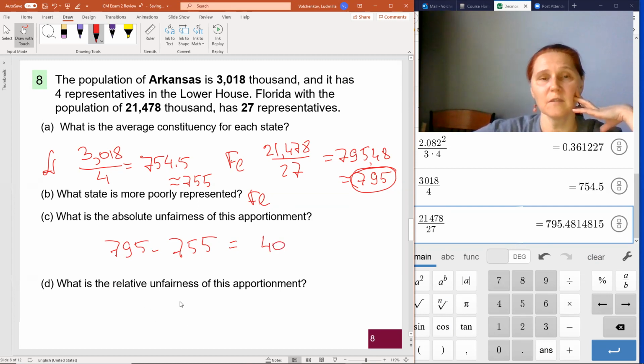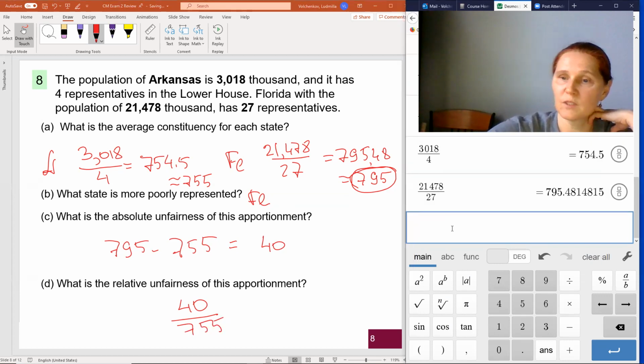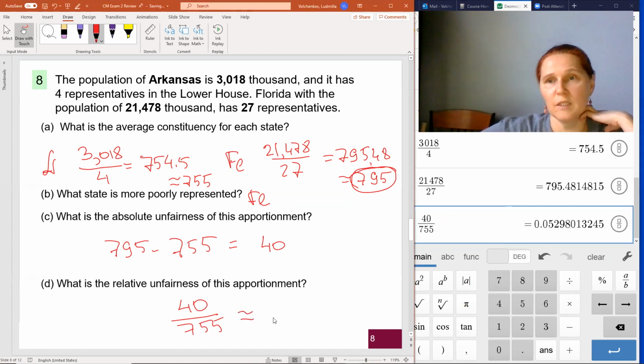Relative unfairness is absolute unfairness divided by the smaller constituency, by 755. 40 divided by 755 is approximately 0.053. So round to 3 digits after the point.